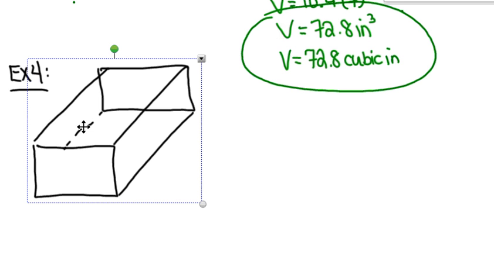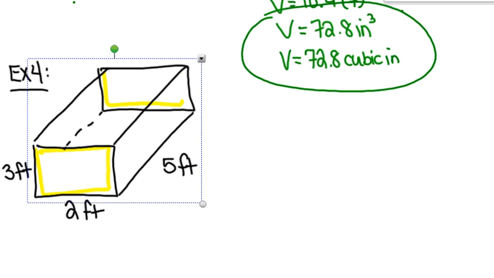So this one has dimensions 3 feet by 2 feet by 5 feet. And the very first thing that I'm going to look for here are those triangular bases. In this example, there are none of those triangular bases. All of our faces here are those nice rectangles.